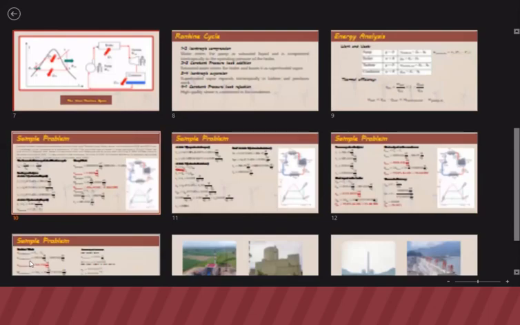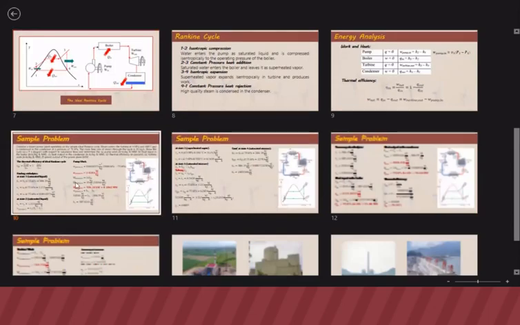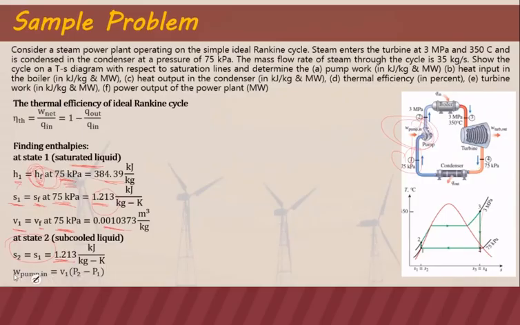So the pumping work is just the specific volume at 1 multiplied by the pressure difference, so that's v1 times delta P. We can compute the pump work using the values that we already have.